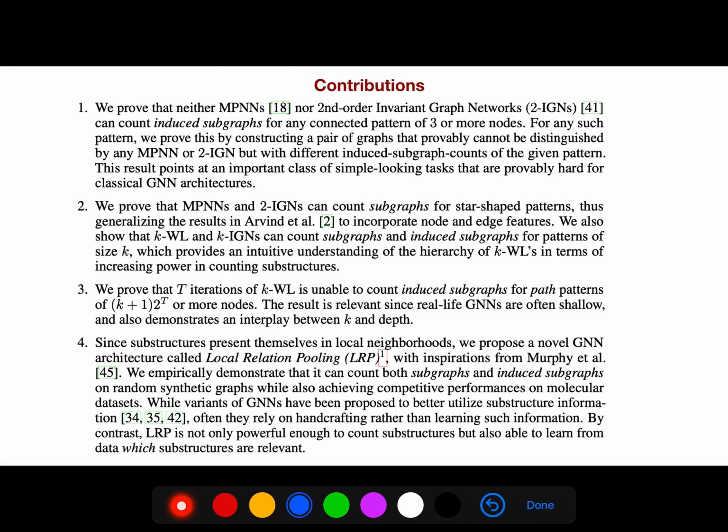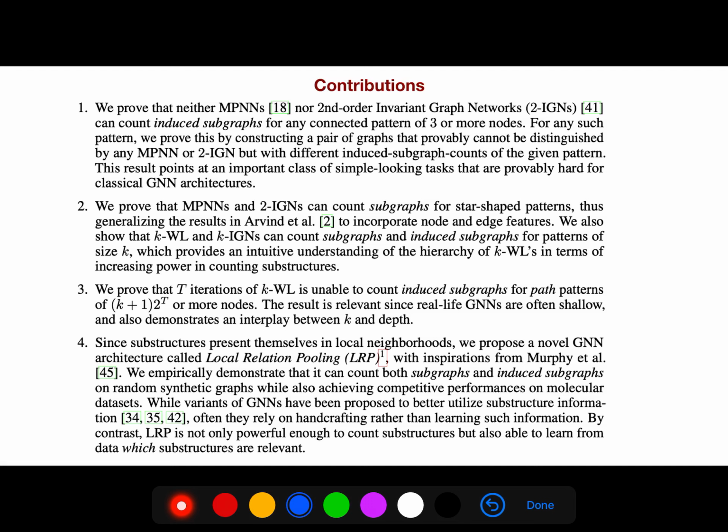We distinguish between two types of substructure counting: induced subgraph count and subgraph count. We proved that neither message passing neural networks nor second order invariant graph networks can count induced subgraphs.